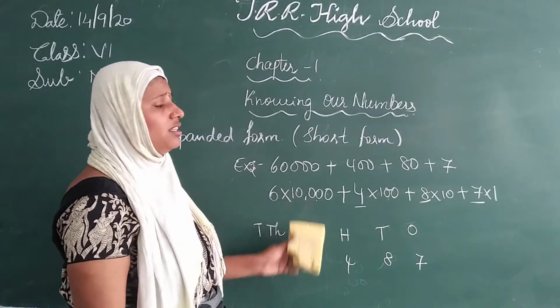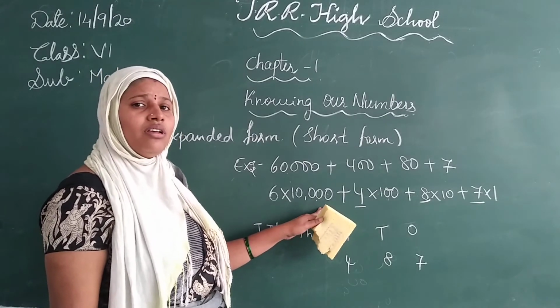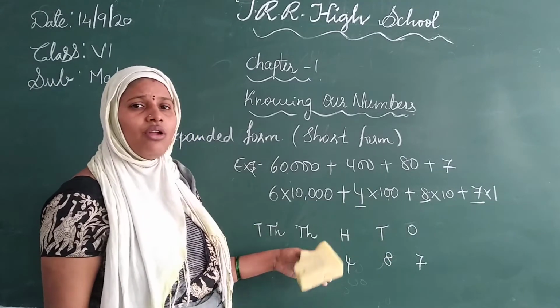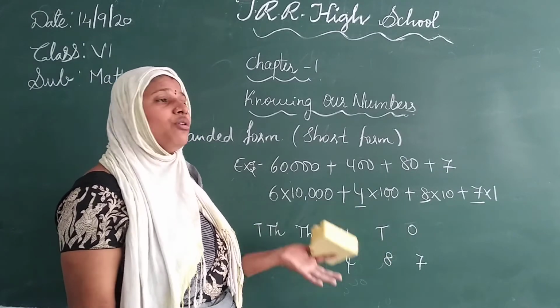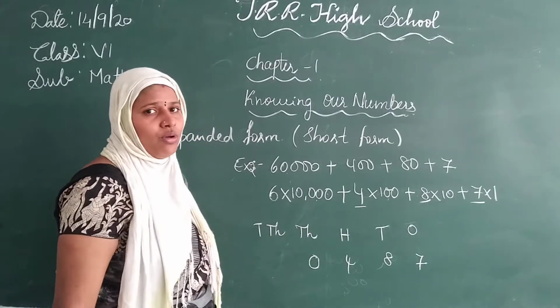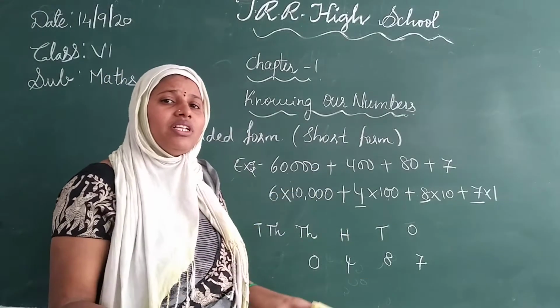Where is 1000 in this expansion form? Is there 1000? Can you see? Is there anywhere thousands? No. Then what to write? In that case you have to write simply 0, as in the expansion we are not having any number which is multiplied with it.